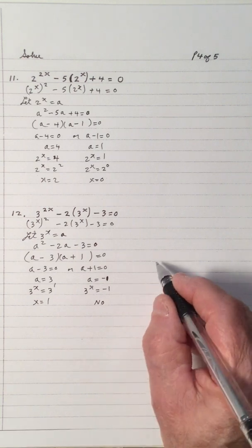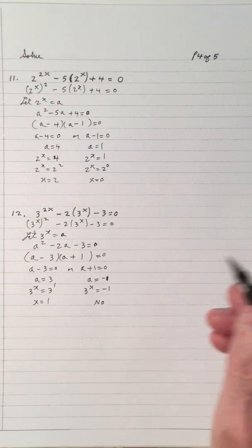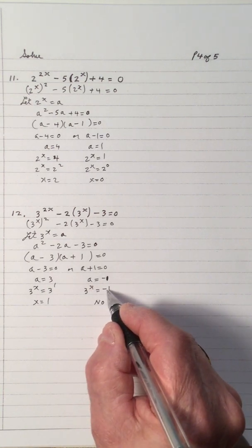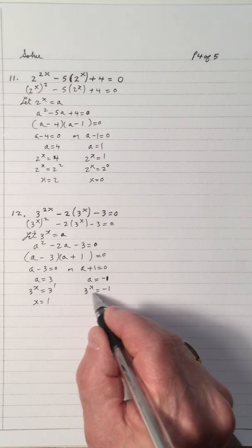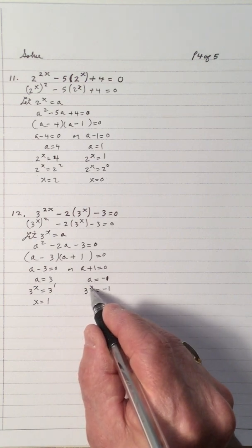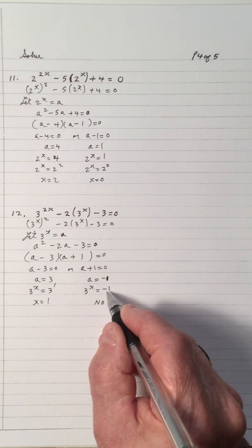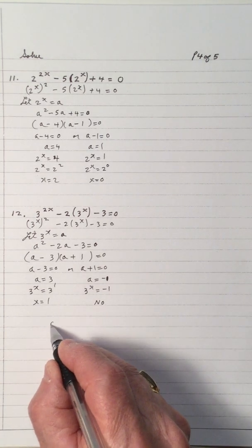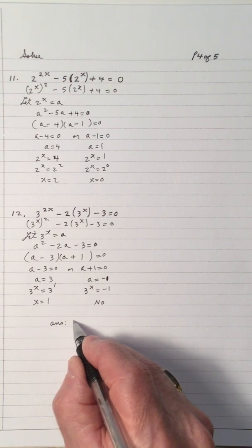Because if you remember, the base is positive, but the range, or the y value coming out, can never be negative. No matter what value for x you put in here, it'll always be positive. So the answer to this equation is just 1.